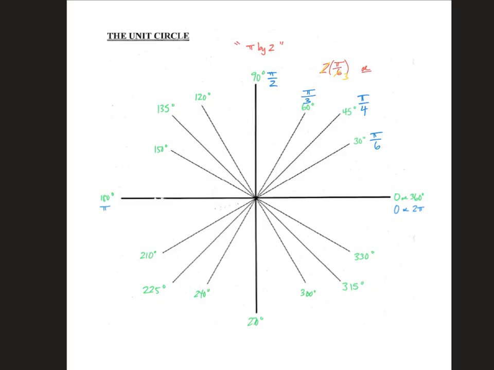Or maybe you take a look at it and say a 60 is just a 30 plus a 30. So 60 is a pi by 6 plus a pi by 6. And so when we add those together, we get 2 pi by 6, which reduces to a pi by 3. So many different ways to be able to go through and build up.